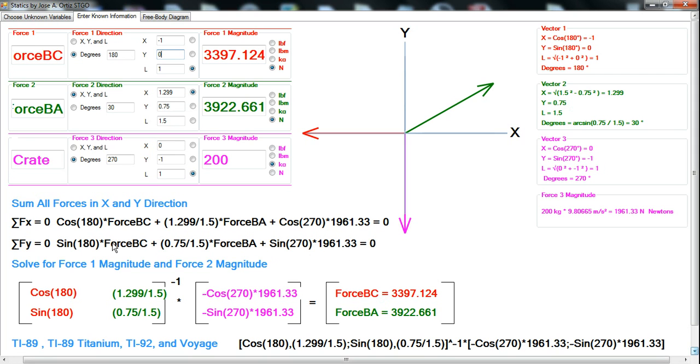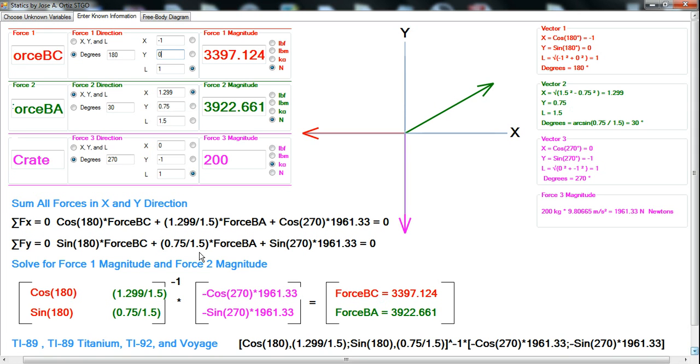So the summation of all the forces in the x direction is equal to 0, and the summation of all the forces in the y direction is equal to 0. And now we have two equations with two unknowns. The two unknowns being magnitude of force BC and force BA.